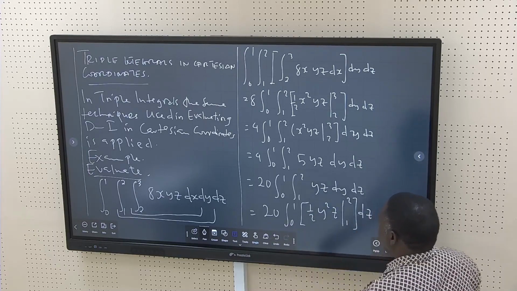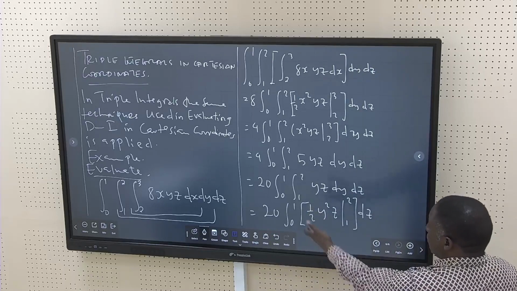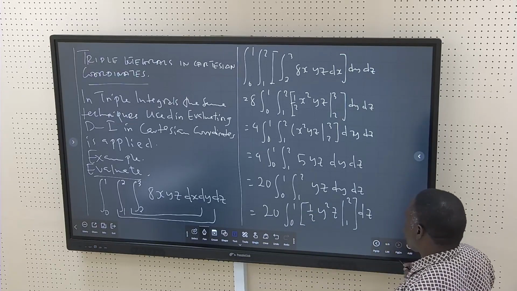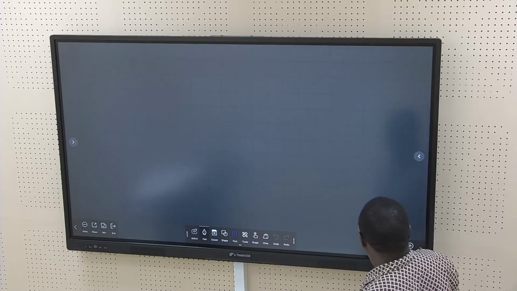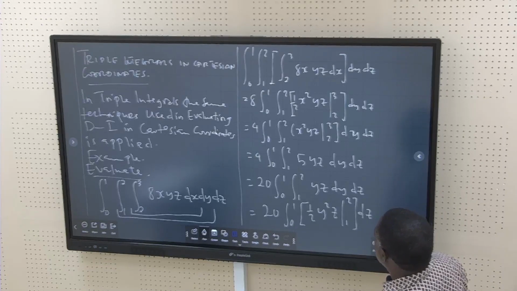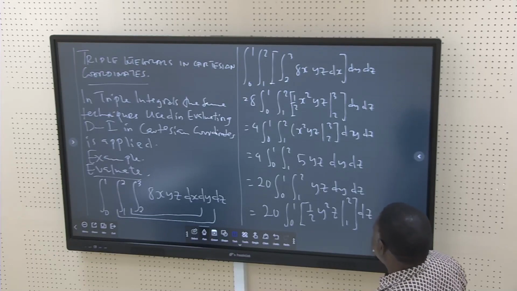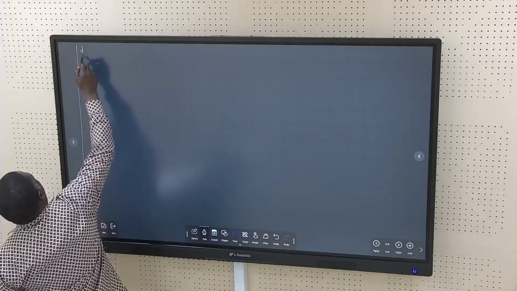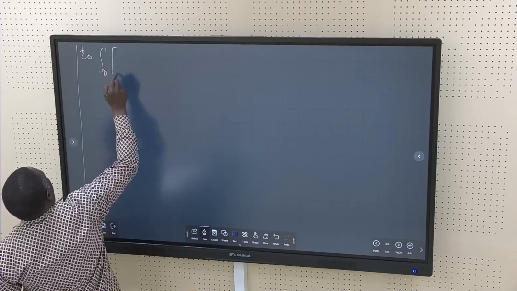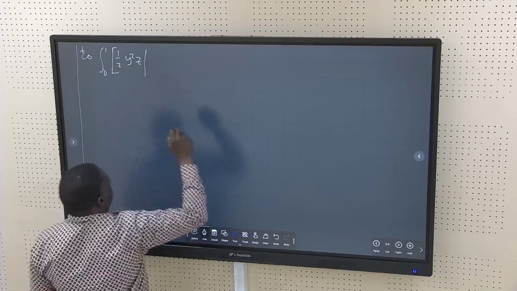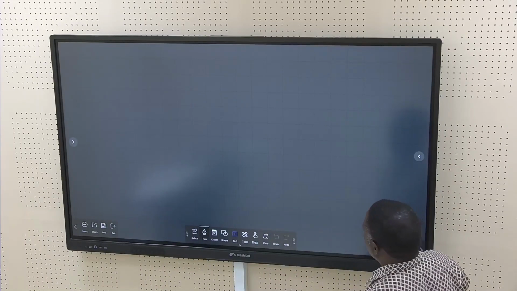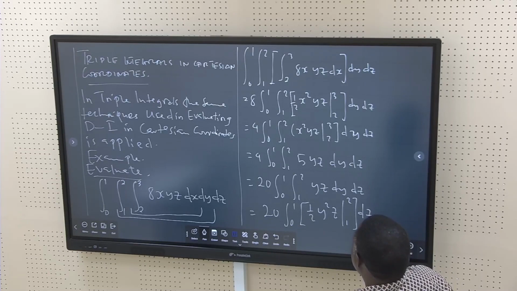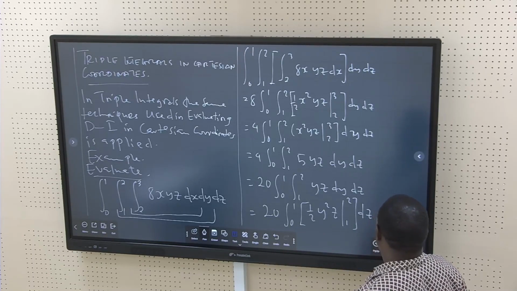So we have 20, the integral from 0 to 1, a half y square z, 1 to 2.